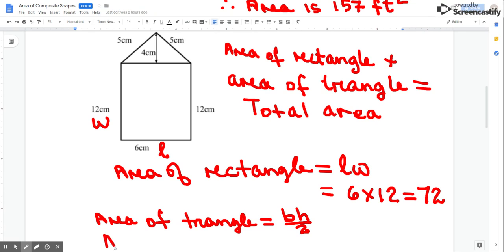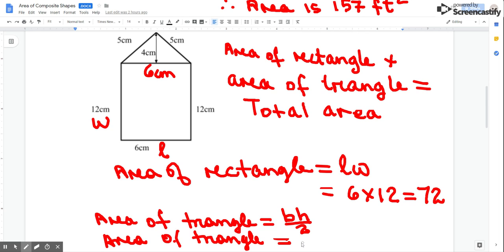So the area is, this 6 down here is the same as this 6 up here. So that's our base, and our height is 4.